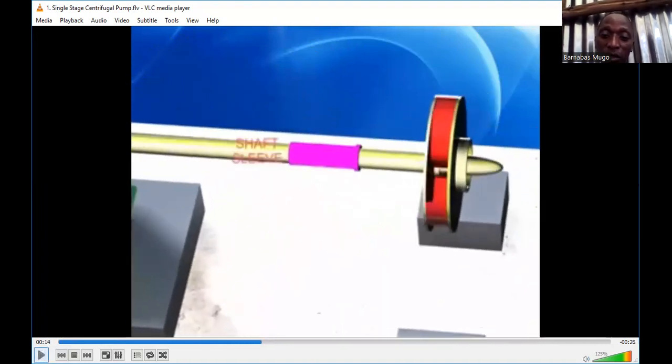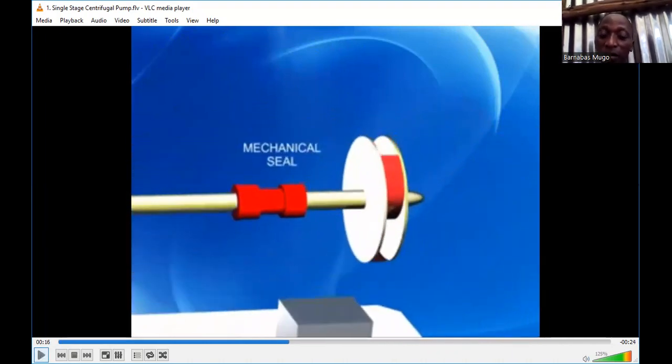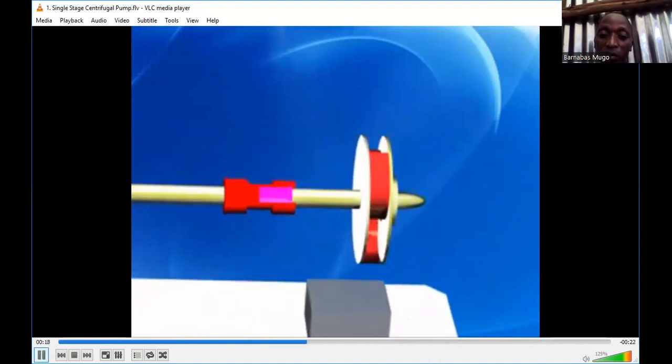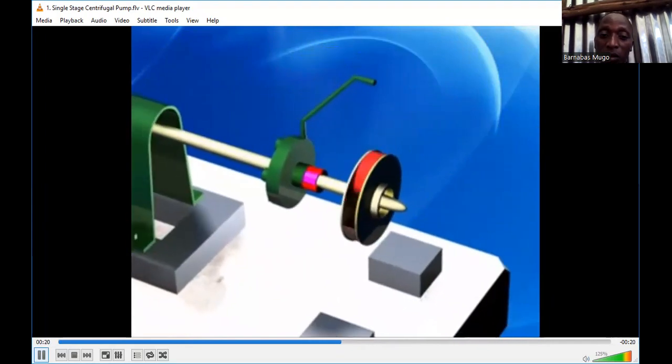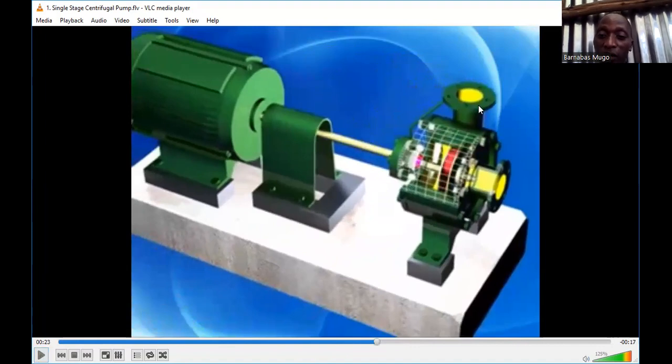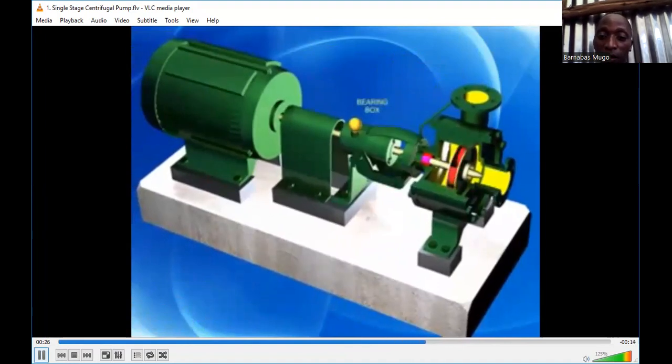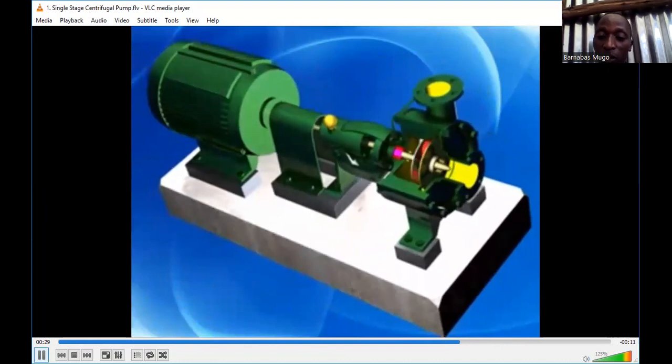You can see the way it is rotating, and those reddish things inside are curved vanes to scoop out water. And then we have the volute, the casing at the top. That is the operation system, the way it is happening.